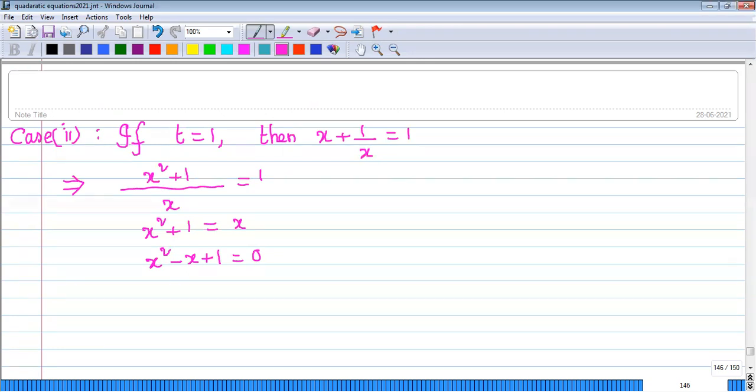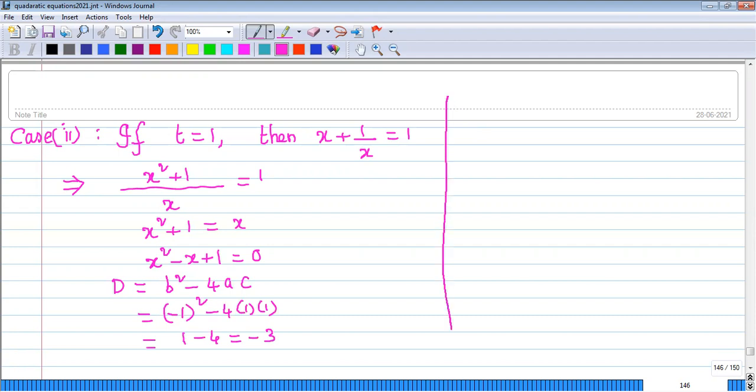The d value, that is b square minus 4ac, is minus 1 square minus 4 into 1, that is 1 minus 4, so minus 3. You will be getting imaginary roots only.